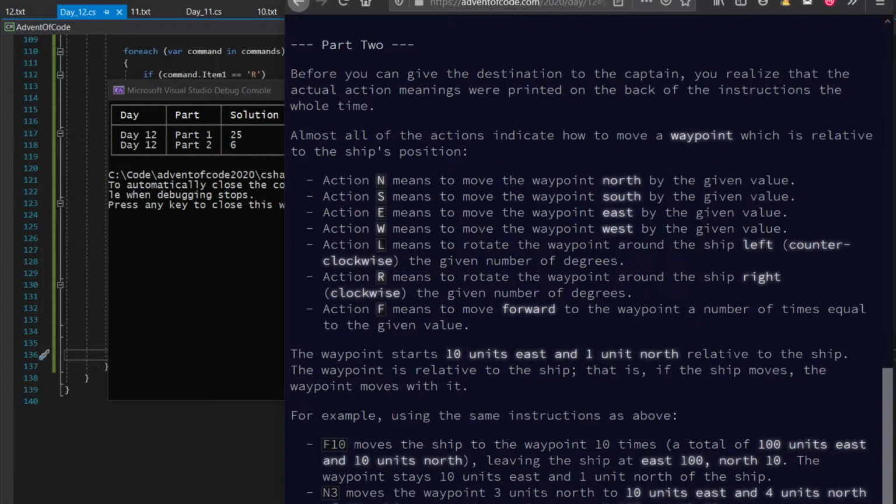F10 means move the ship to the waypoint 10 times. A total of 100 units east and 10 units north.